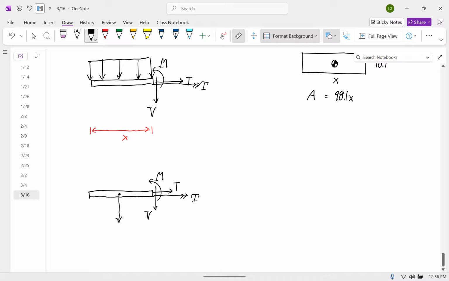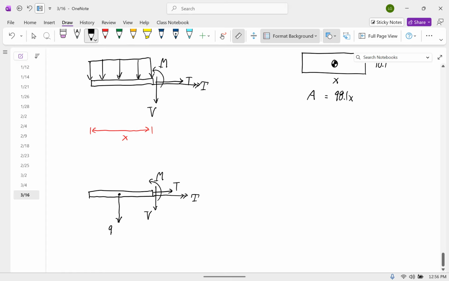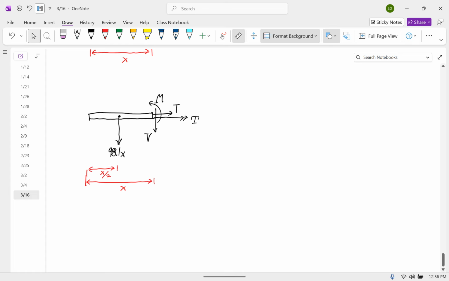That's equal to 98.1 times x. And the distances here are, this one is x over 2. And this one is x. Any questions?